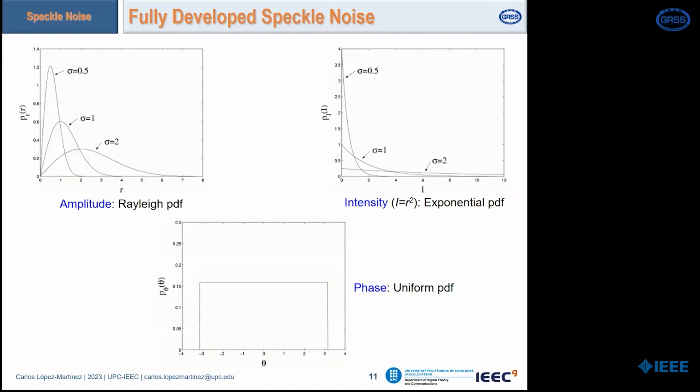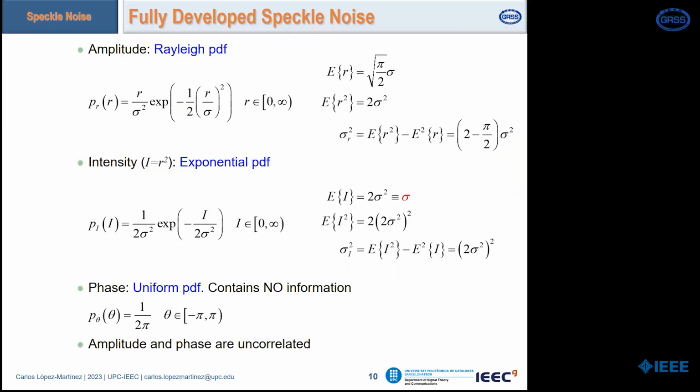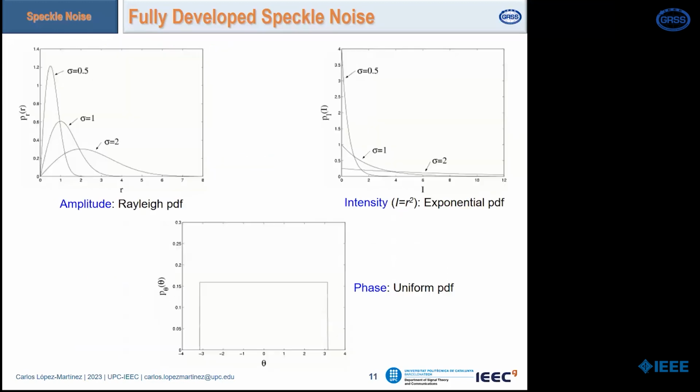When you say phase is uniform, in a given scatter cell, then you have L much greater than 1. And all the scatter elements, the waves coming from each of the scatterers, do you mean to say that all the phases will be the same, or what is that? How do I interpret that phase as uniform?